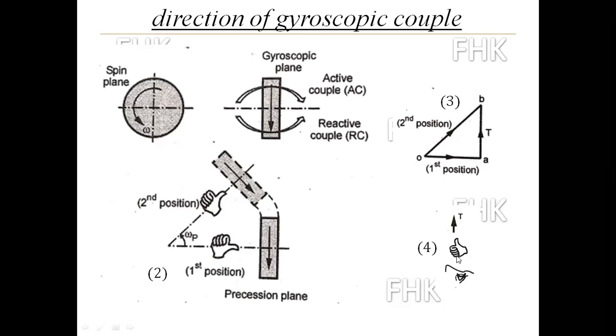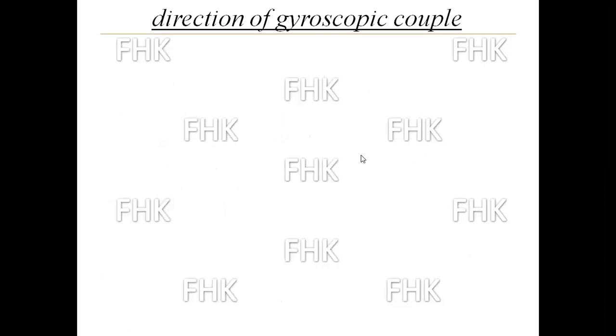If you look from the bottom at the hand with the curling finger, you can see that the curling finger is rotating in clockwise direction. You put your hand like this and look at your hand from the bottom side. Why the bottom side? Because we have to convert that vector into the gyroscopic plane, which is the next step.